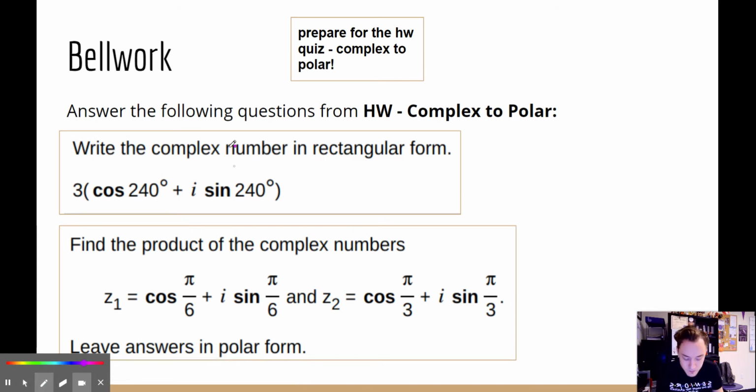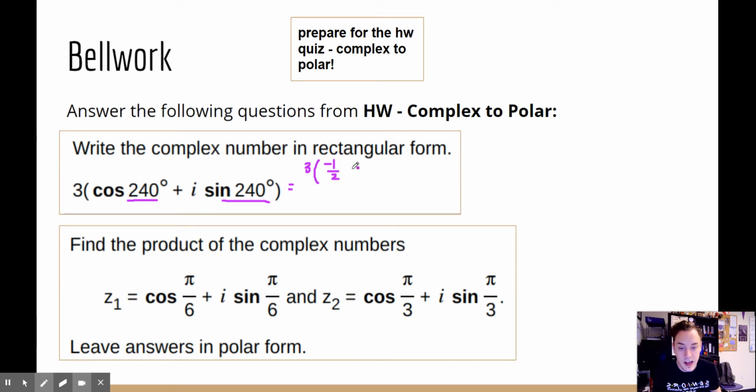All right. Right here, I just want to evaluate. So I want to evaluate cosine of 240 and then sine of 240. So this will equal 3 times cosine of 240, and all I have to do is use my unit circle for that. The x-coordinate at 240 is -1/2.